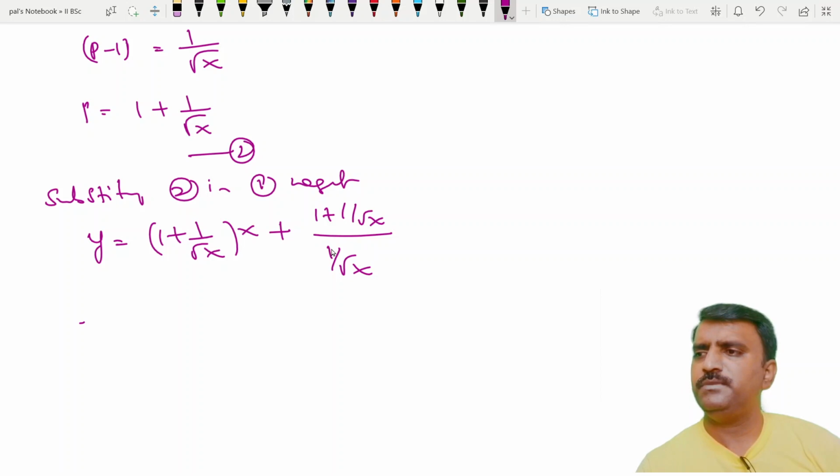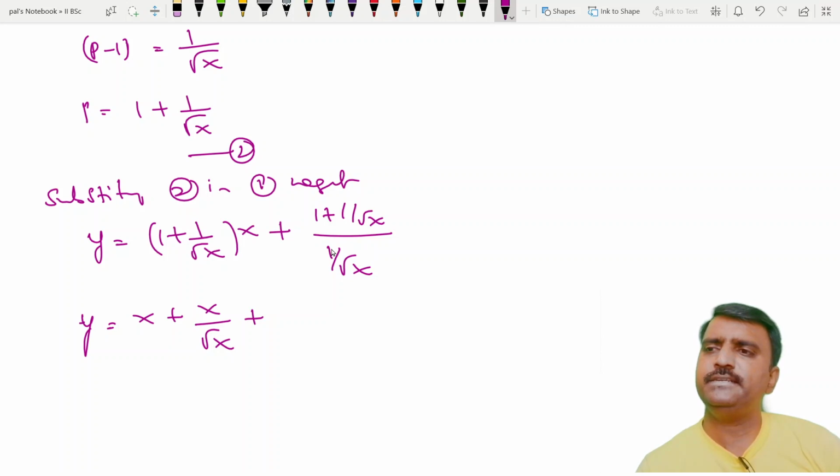Simplifying this, y is equal to 1 into x, plus x by root x, plus this 1 by root x is in the denominator of a denominator, so it comes to the numerator. So the numerator becomes root x into 1 plus 1 by root x.